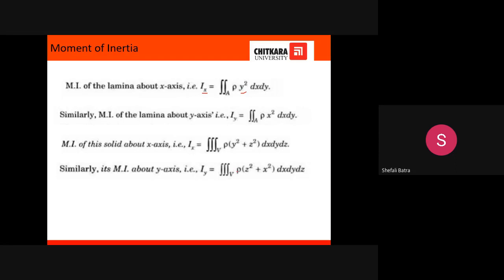Triple integration rho z square plus x square dx dy dz. Similarly, moment of inertia about z-axis. Iz is equal to triple integration rho x square plus y square dx dy dz. Right? So these are the formulas.